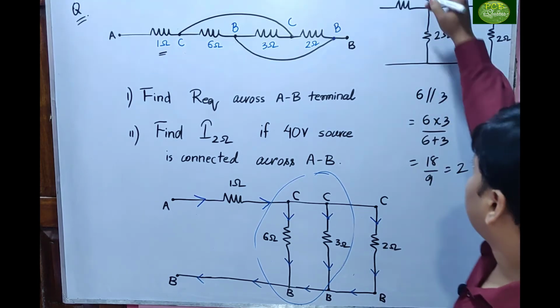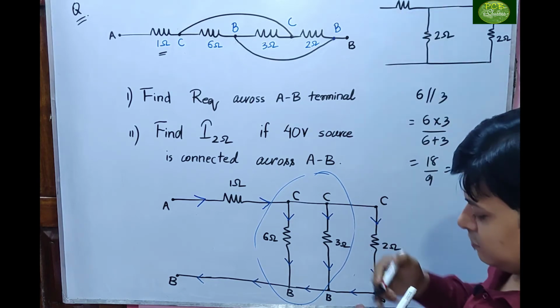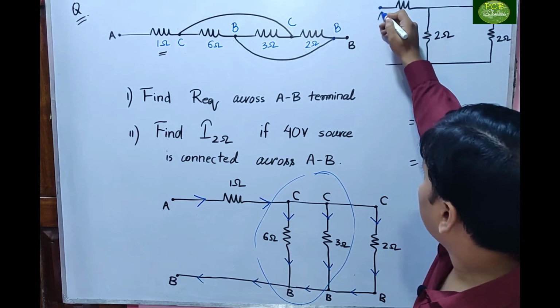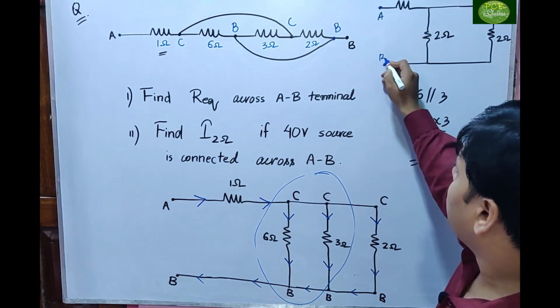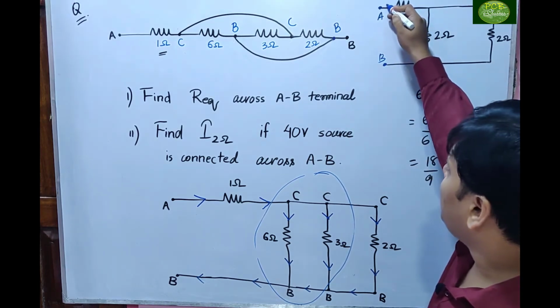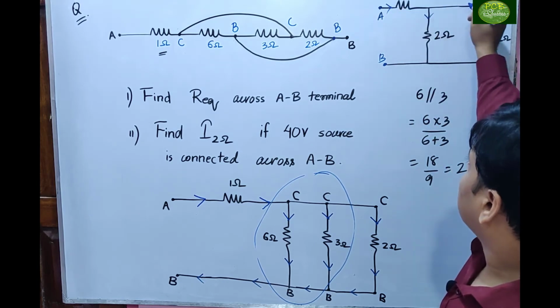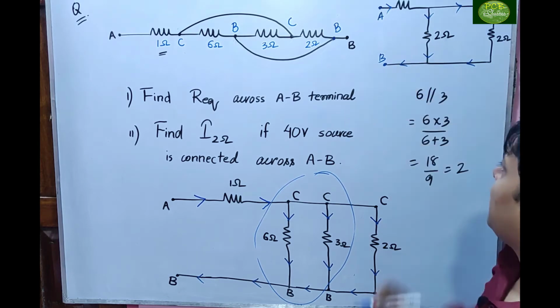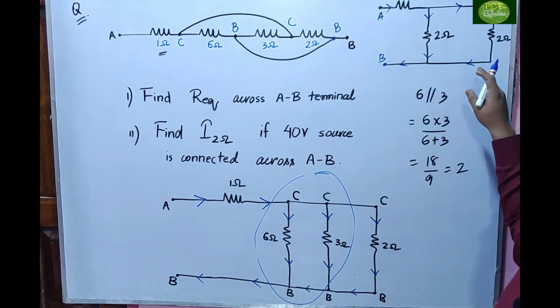Clear? So what is the circuit diagram we have got? This is the terminal A, and this is the B terminal. We are assuming a current in this direction. Now the current is divided, comes back. Fine. 2 ohm.